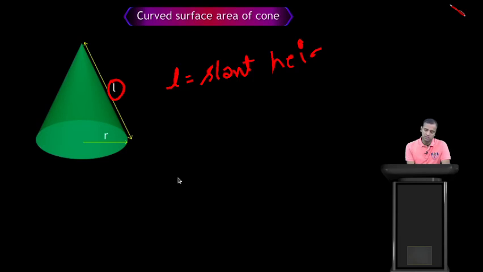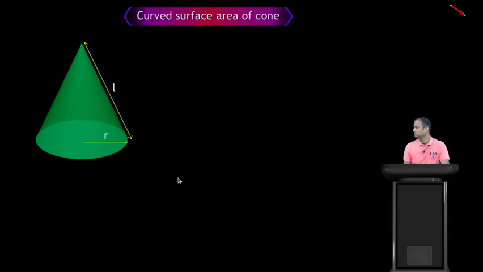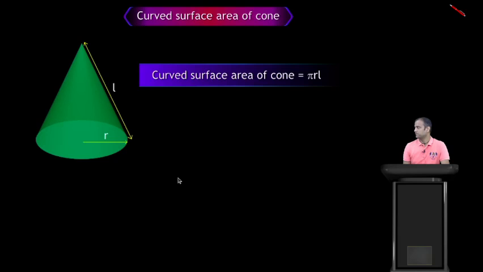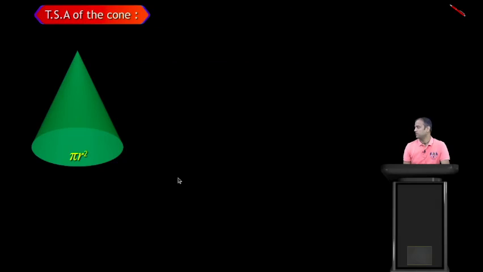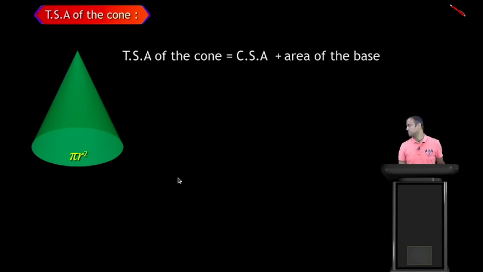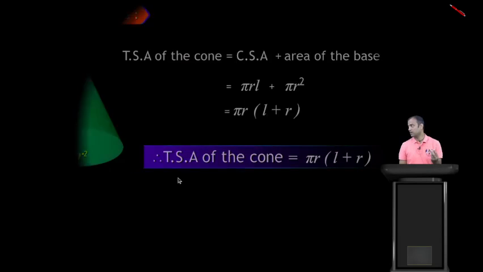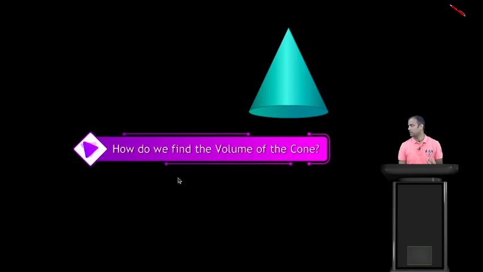So this is called slant height. So what is the curved surface area? It is pi rL. And to find the TSA, we also add the pi r square. So this is the total surface area, which is pi rL plus pi r square. Then we take out the pi r, then we get pi r into L plus r.